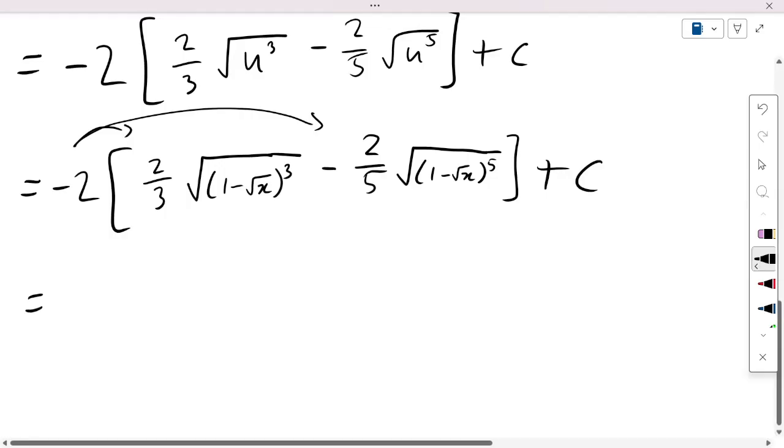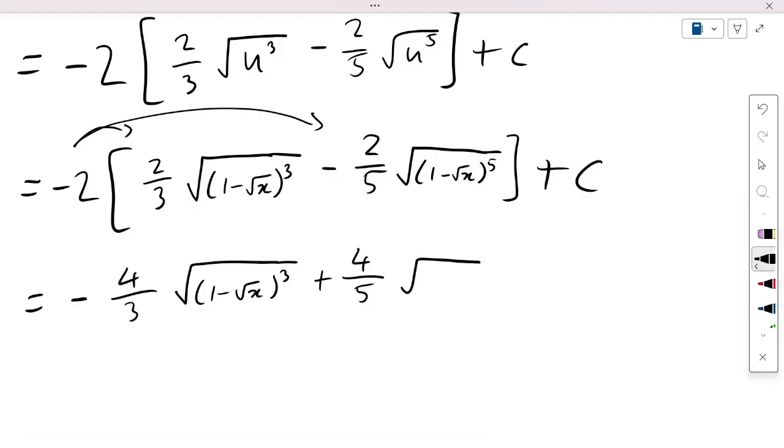This is going to be equal to negative 4 over 3 multiplied by the root of 1 minus root x raised to the power of 3 minus, and that's actually going to be a plus because a negative and a negative gives a positive. This is going to be 4 over 5 multiplied by root of 1 minus root x raised to the power of 5 plus c.